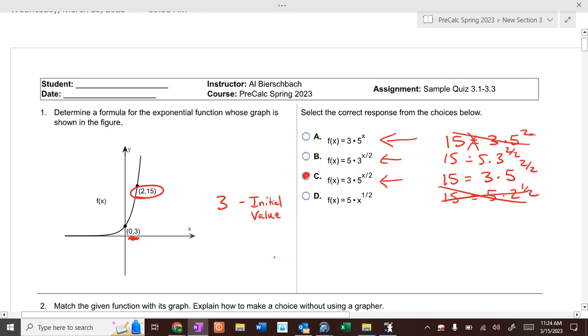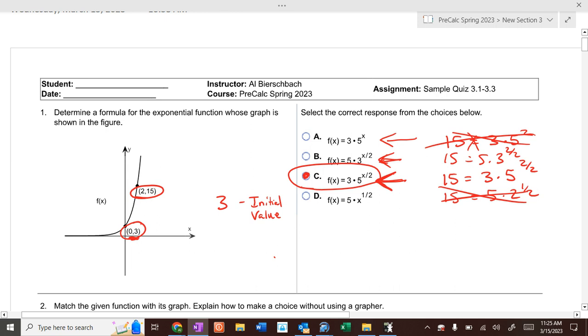So that didn't work. So it worked for here, so why do I know this is the answer versus this? Well, you can also try the 0, 3 in there. If you put 0 in for x, 3 to the 0 power is 1, and 1 times 5 is 5, so it should be 0, 5, not 0, 3 if B was correct. So that's why knowing that initial value helps me from the start.